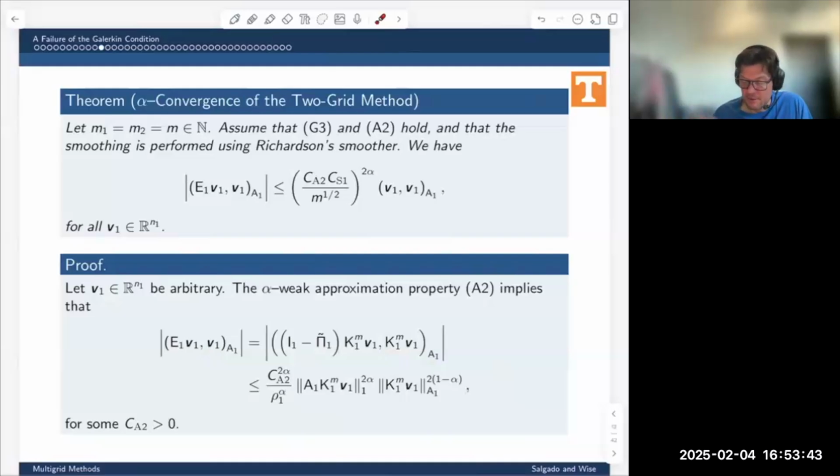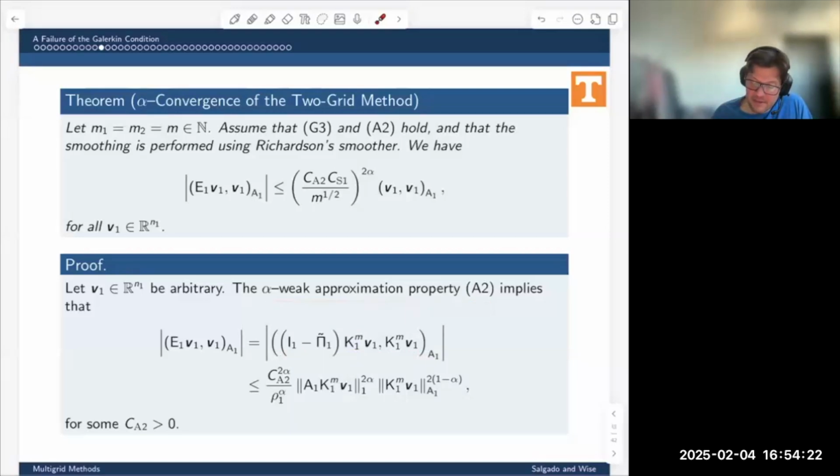Actually, it's K1M star star, but star star is just the original matrix back. So it becomes K1M. Now K1M V1, K1M V1 appears, it's kind of like double vision. It's the same vector appearing twice, so I'm going to treat it in exactly the same way. But now look, once I moved that over to the other side in this A1 inner product, I have something which I can apply my A2 property to, the alpha weak approximation property.